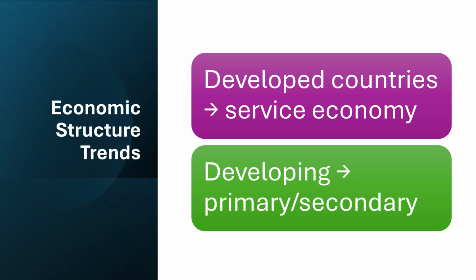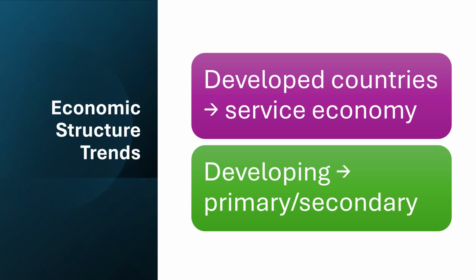The current economic structure trends that exist worldwide are that more developed countries are mainly service economies and above, while most developing or less developed countries sit in the primary and secondary sectors for most of their economies. That does not mean that primary and secondary does not exist in service-based economies. They do.